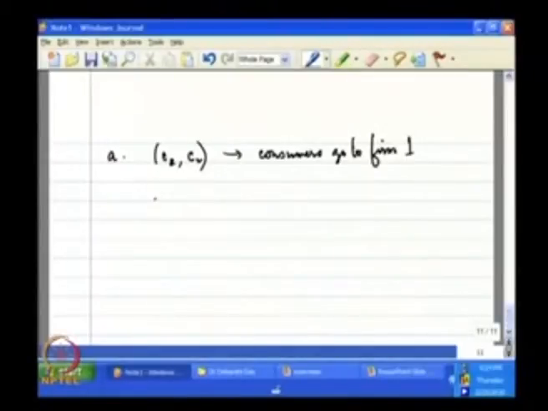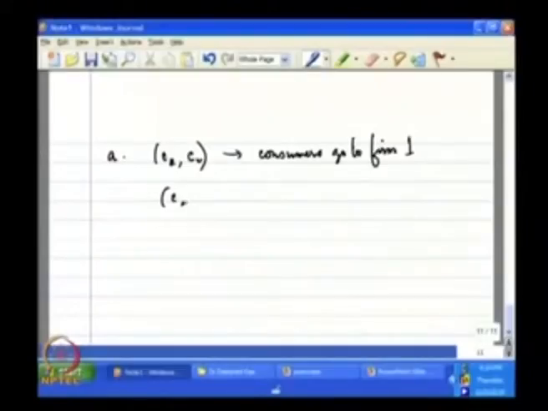Then if this is the rule of splitting the market, we have to show that (C2, C2) is a unique Nash equilibrium. This is what we have to show.